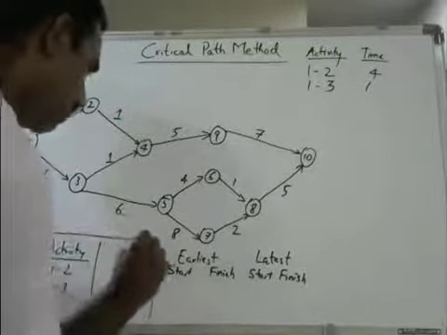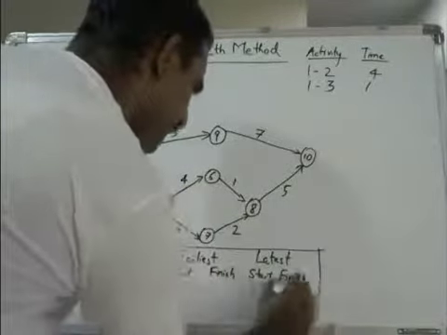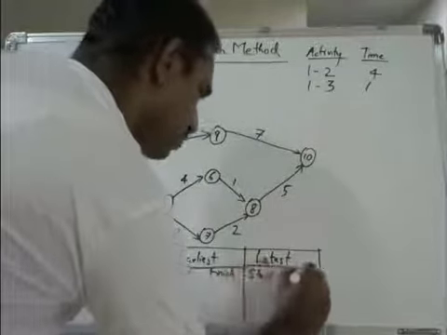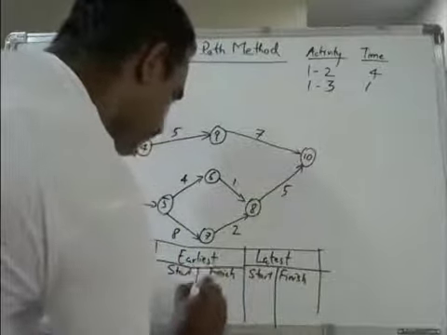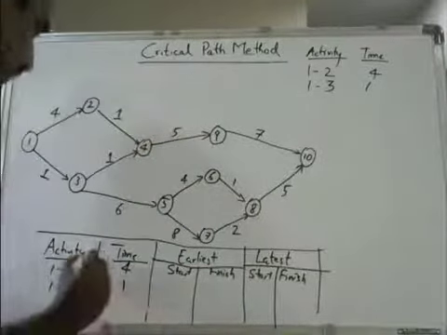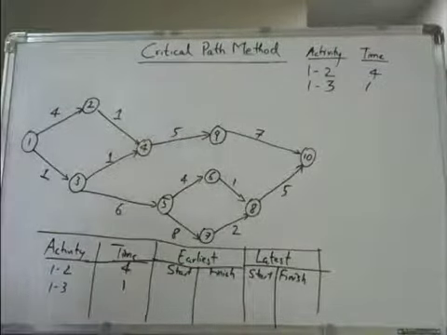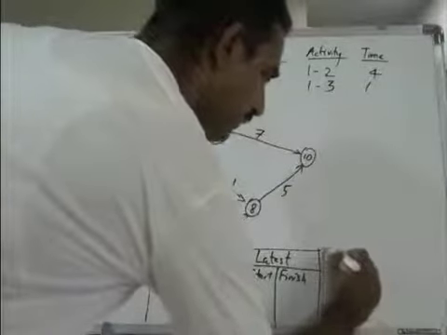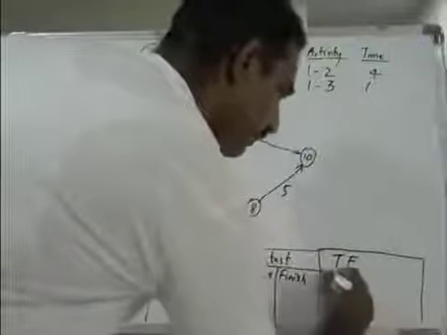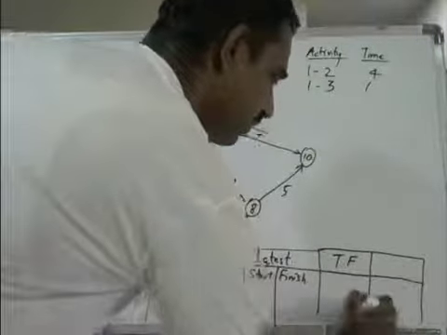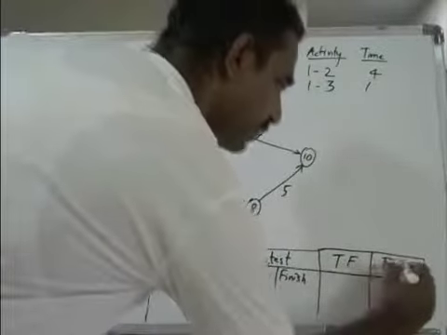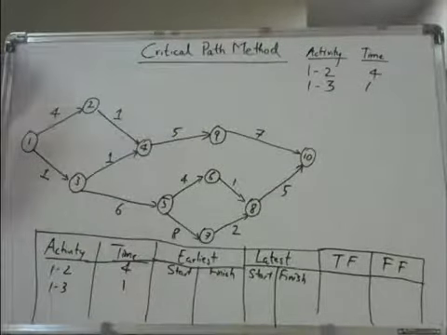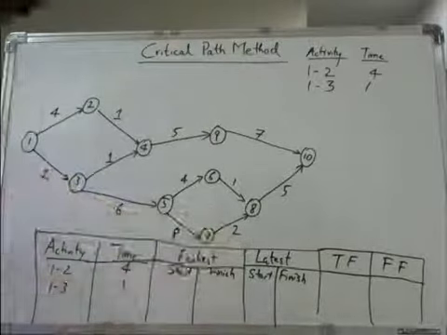You need to draw the lines and split this also. Then the last ones are TF, that is total float, and free float. This kind of table is required when you are dealing with such a problem.